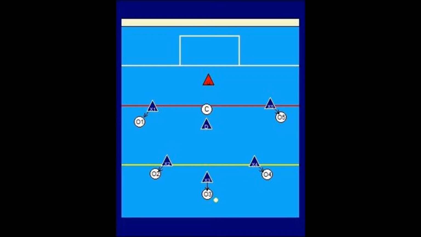So if we tell you to go to the 4, then you're going to go to where that 4 is listed on this diagram. If we tell you to go to the 1 or the 5, that means one of those wings. So again, this is very important.